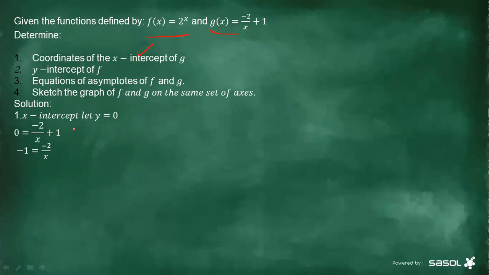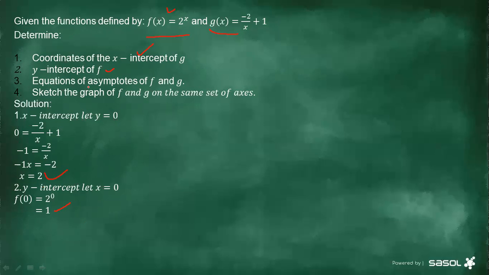Transpose, cross multiply, and the value of x equals 2. That is the x-intercept. Now the y-intercept of this graph: let x be 0. Where you see x, you put 0, and then the y-intercept equals 1. That's correct.